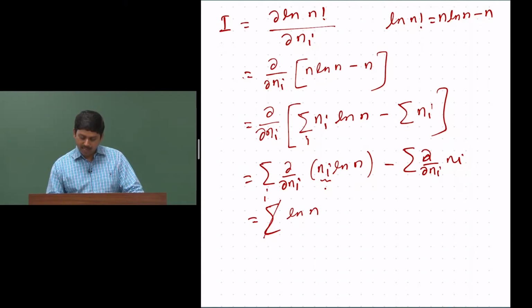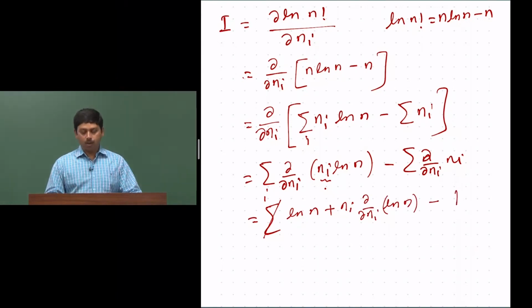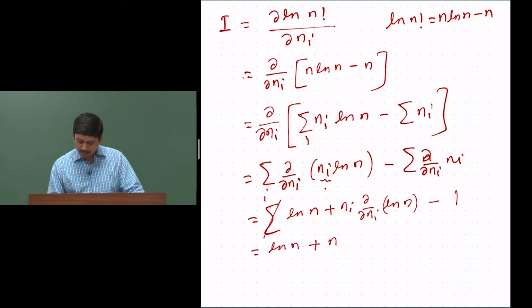So, ln n will survive, plus now I have ni times the differentiation of ln n. Let us do that in the next step. On the left hand side I will still get 1 because only one term will survive. So, ln n plus ni.